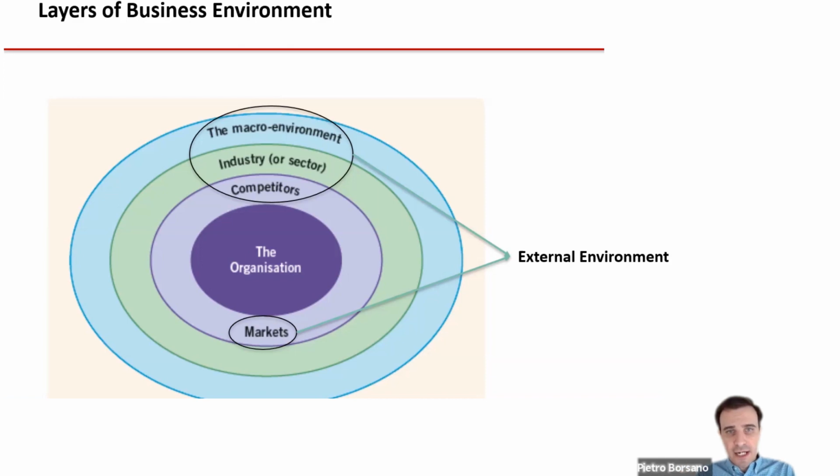The industry leads to the layer of competition: how we compete against other companies that are in our same vertical, in our same space. All of this, the macro environment, industry, competitors, the market, is part of this bigger umbrella, which we call the external environment.